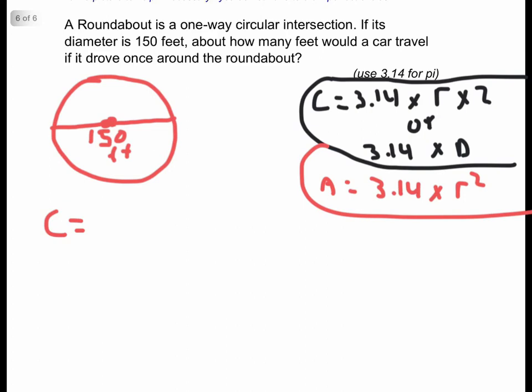So circumference equals 3.14 times diameter, and in this case diameter is 150 feet, so times 150, and that will give me the answer. And when I multiply 150 times 3.14, I get 471 feet. So if you were to drive in your car around this given roundabout, you would drive 471 feet.